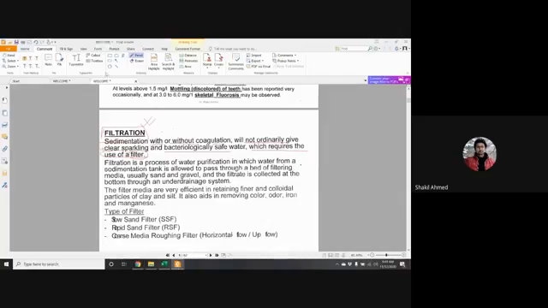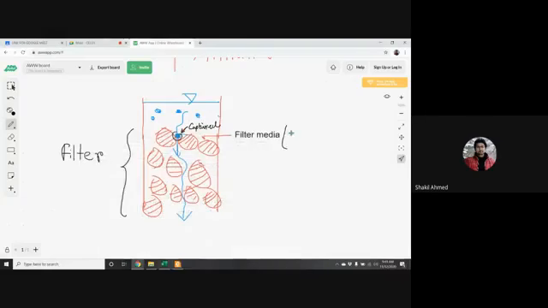Now, filtration is a process of water purification in which water from a sedimentation tank is allowed to pass through a bed of filtering media, which is usually sand and gravel. As I told you, these filtering media are usually sand and gravel.